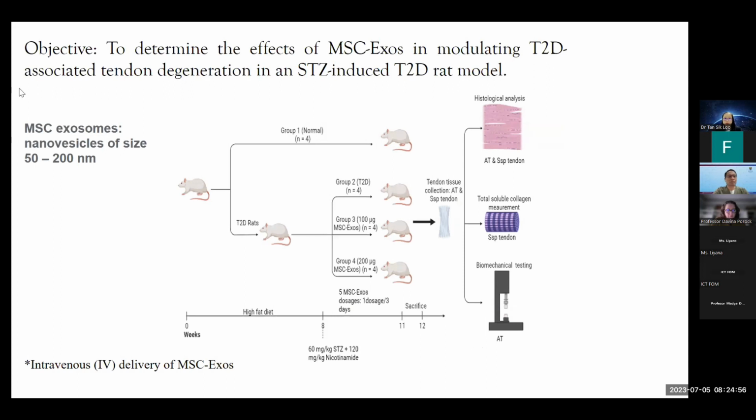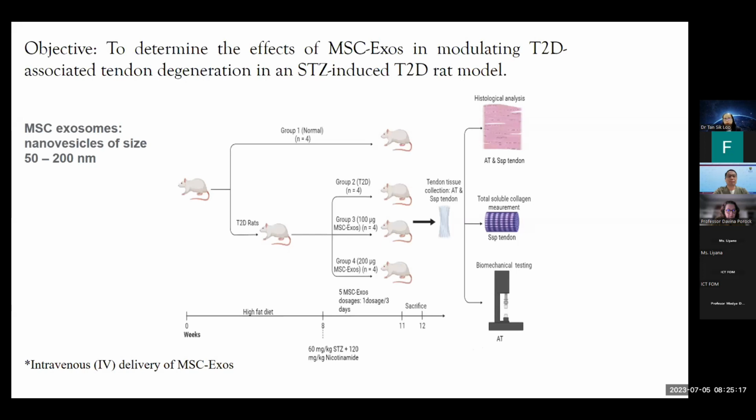So in this study, type 2 diabetes conditions were induced in the rats, and the diabetic rats were either without treatment or treated with different doses of the MSC EV via intravenous delivery.